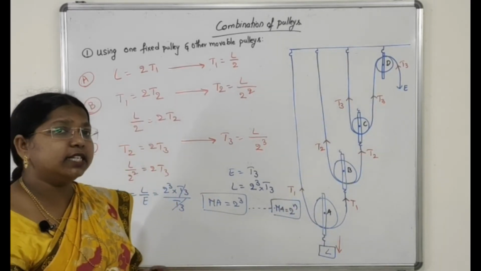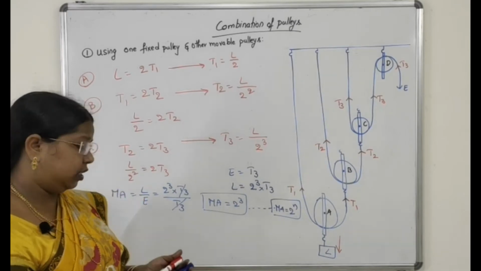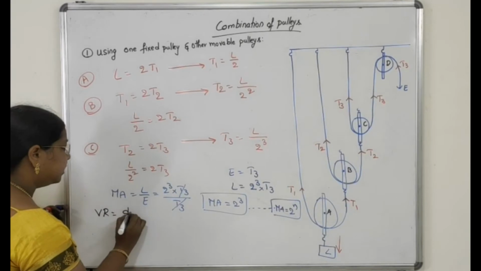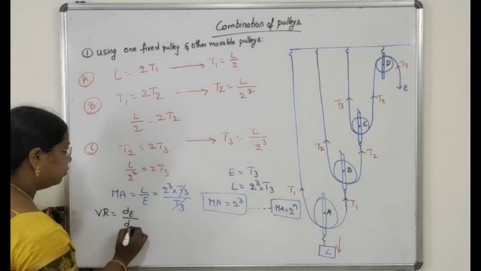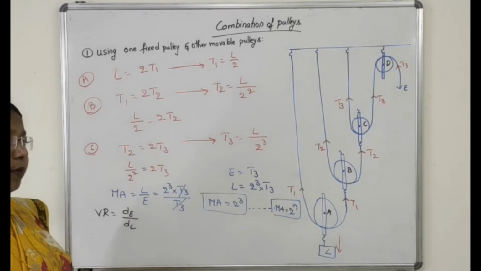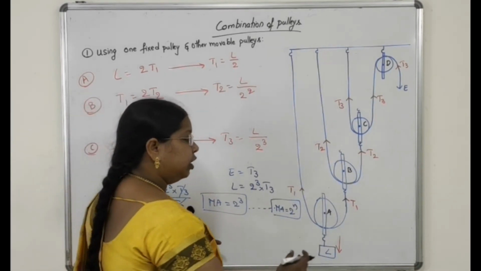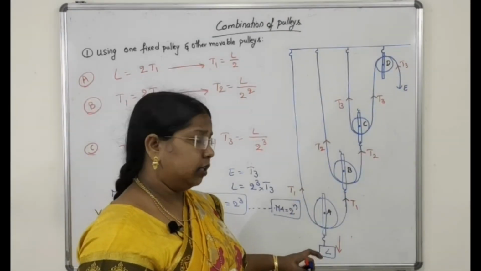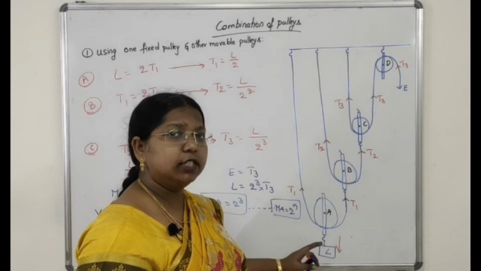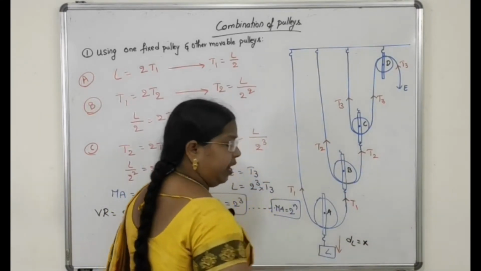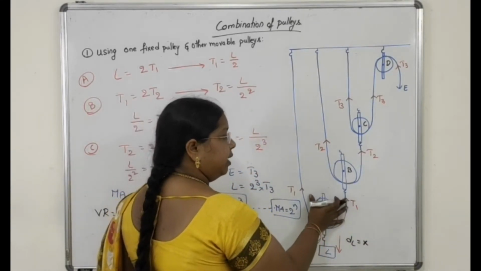Now we will see the velocity ratio. What is the formula for velocity ratio? Distance moved by the effort by distance moved by the load. Suppose your load moves a distance x, which means dl is equal to x, supported by the two strings.